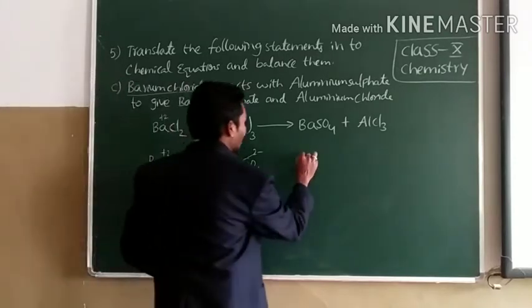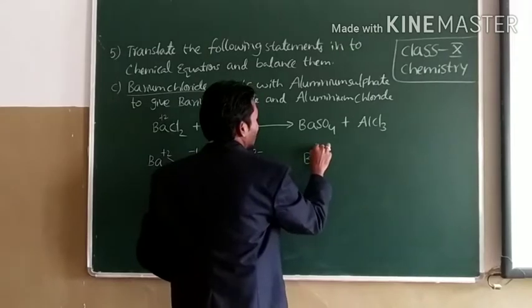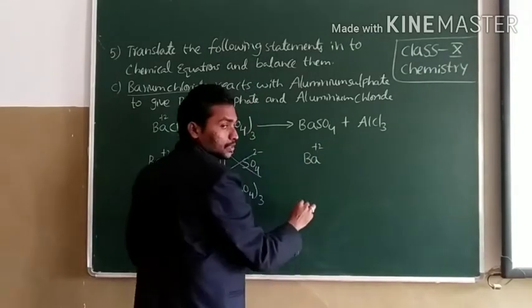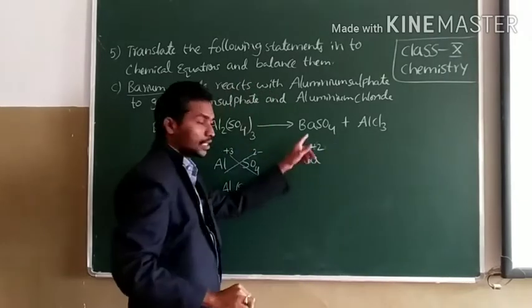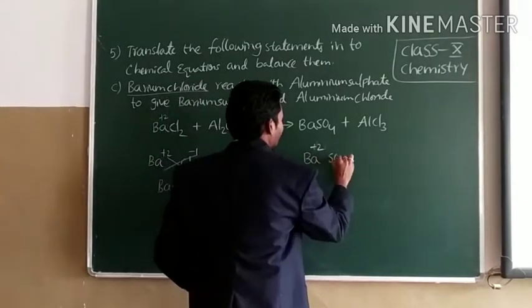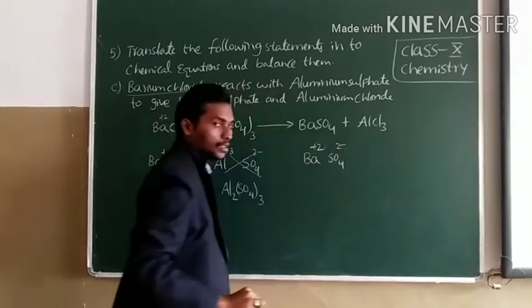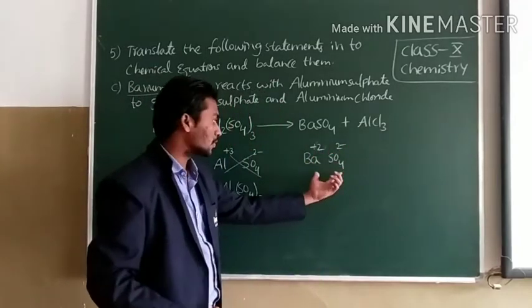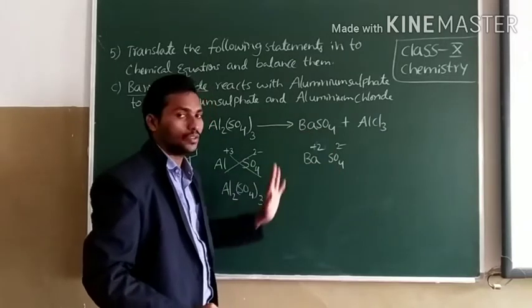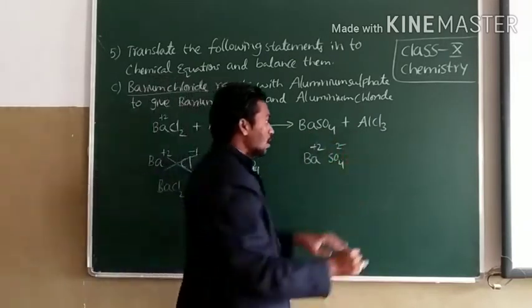Next, barium sulfate. Barium charge is +2 and sulfate ion charge is -2. Here the charges are balanced, +2 and -2, so we write it as it is, BaSO4. Next, aluminum chloride.